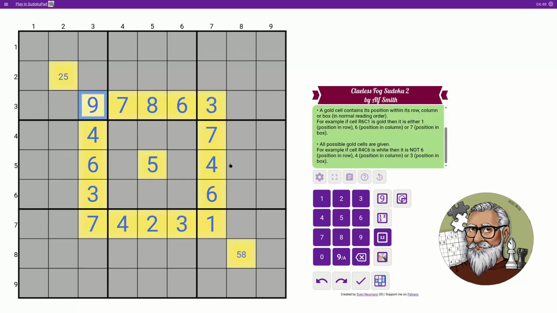Well, all right. Maybe I should think about the negative constraint as well. So, all right, let's pencil mark a bit. Where is 7? But I don't know. How can I do the negative constraint? Because I have no idea if these are gold or not. This is not it.